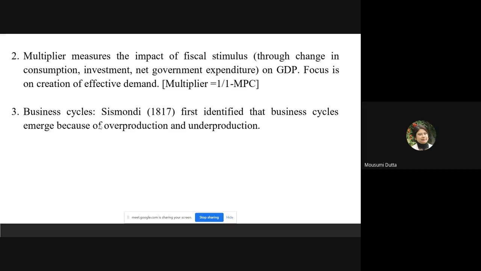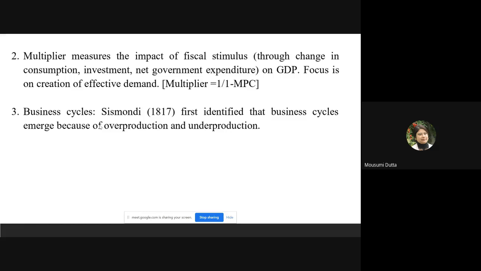Second, multiplier. Multiplier measures the impact of fiscal stimulus. Are you familiar with the term fiscal, monetary? No? Okay. Fiscal means government expenditure, tax, this kind of thing.